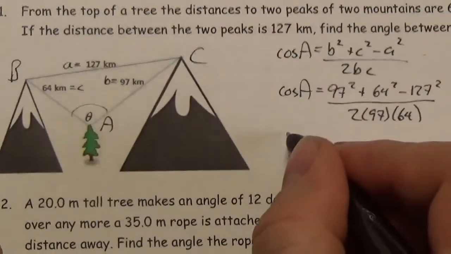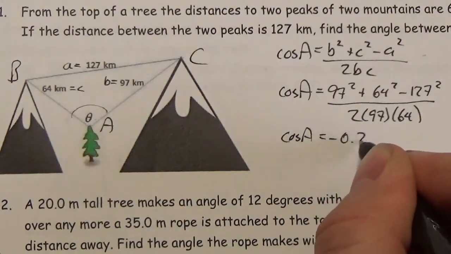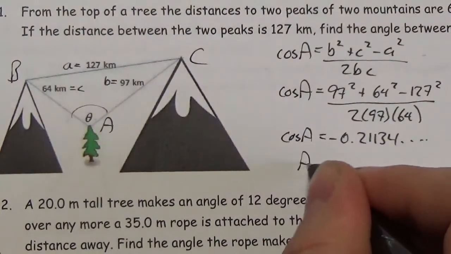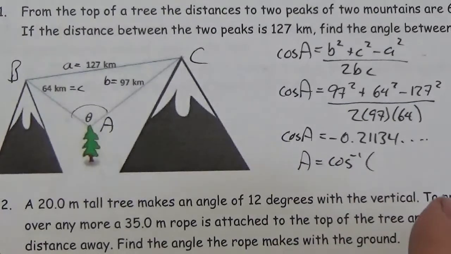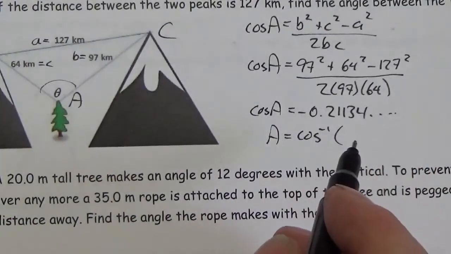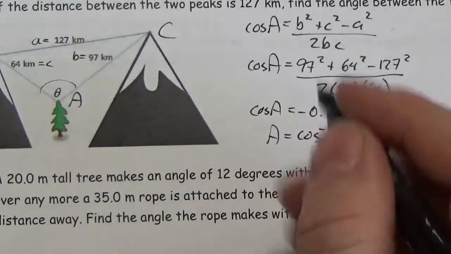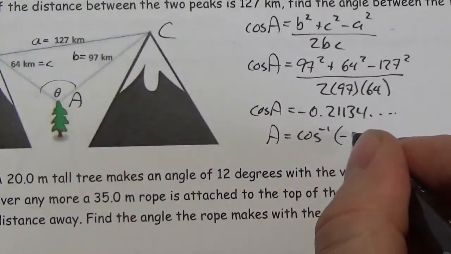So I'm just going to write that out. Cosine of A was negative 0.21134, and that goes on and on forever. So the angle A will be the inverse cosine of, and please don't forget the negative there. It's there for a reason. It means something there. If you get rid of that, you're doing some extra math that's not required.